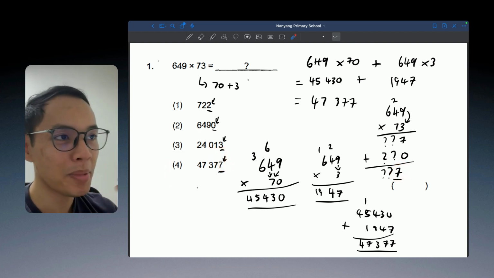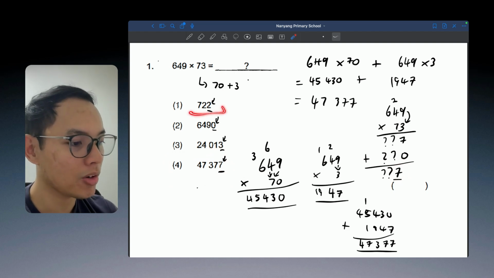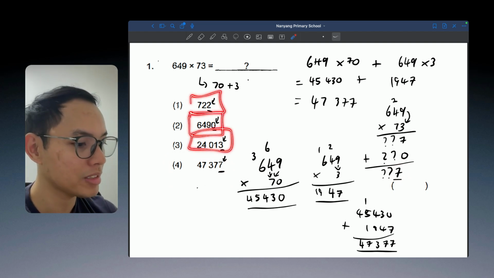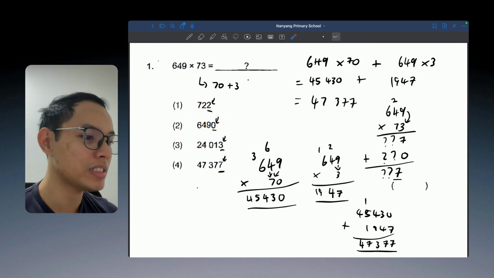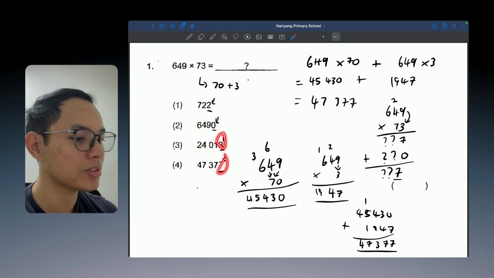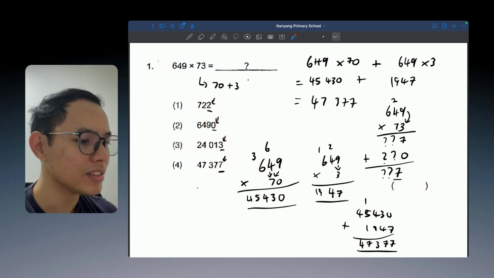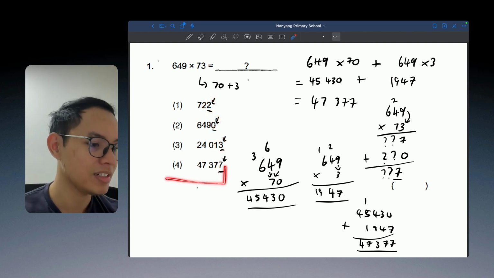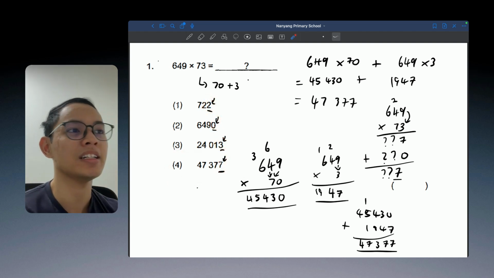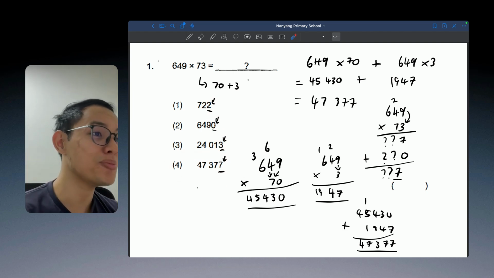You must make sure that all of these numbers are very different, and the last number is also very different, meaning there's no same last number. Then you know that this is the only correct answer. This is an MCQ question.